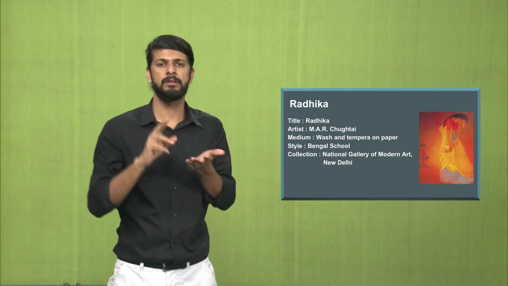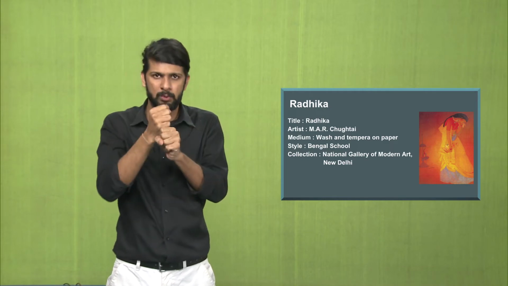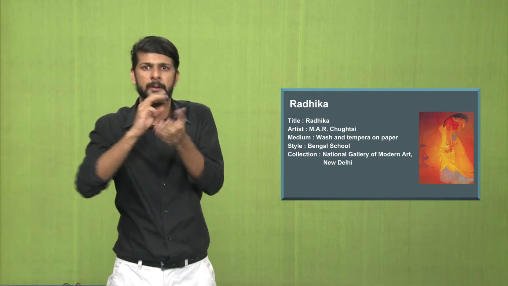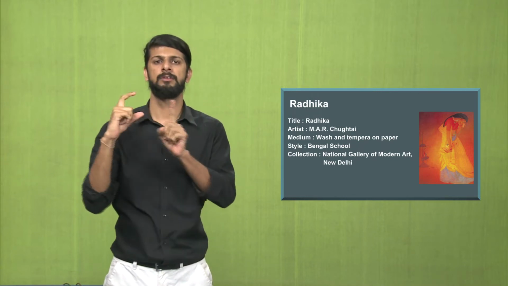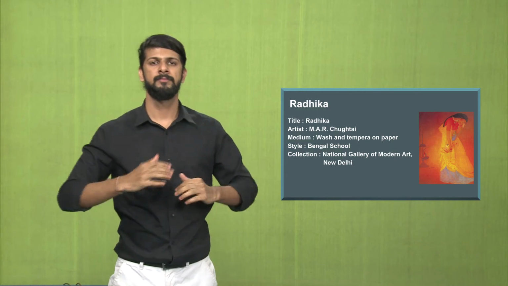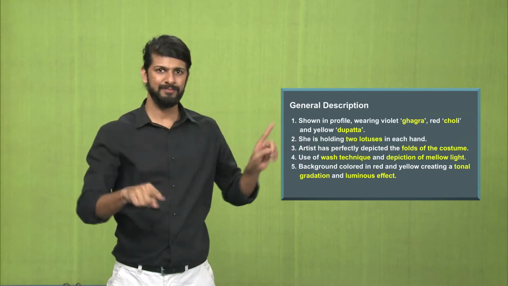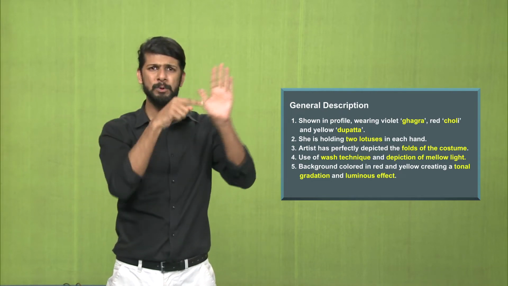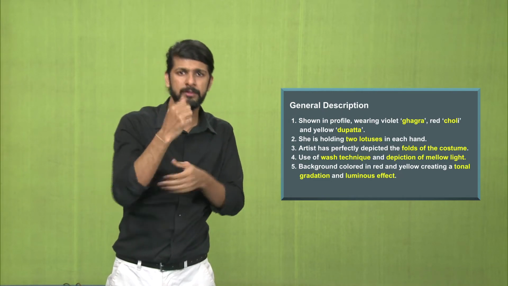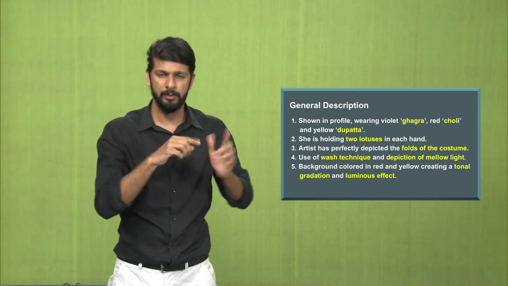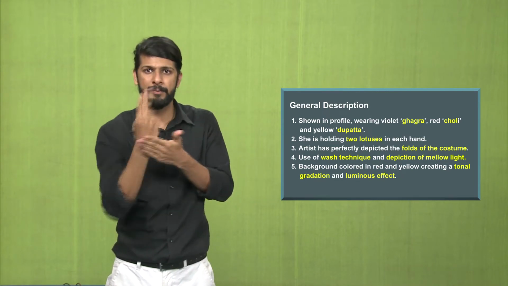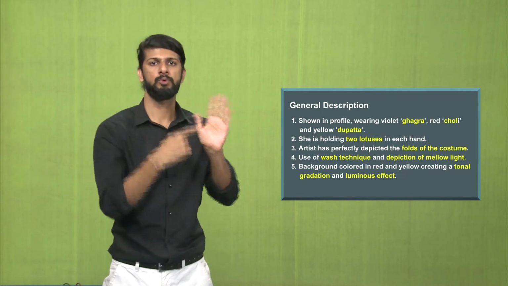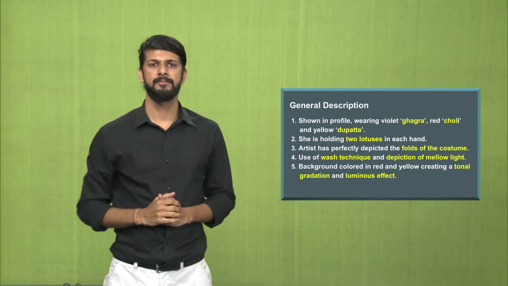And this painting is at the National Gallery of Modern Art, that is NGMA in New Delhi. This painting is currently located at New Delhi at the National Gallery of Modern Art, and in short we can call it NGMA in New Delhi.